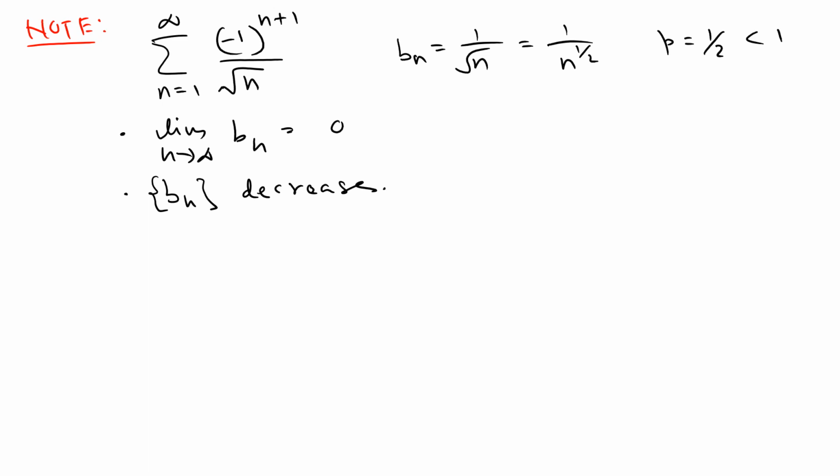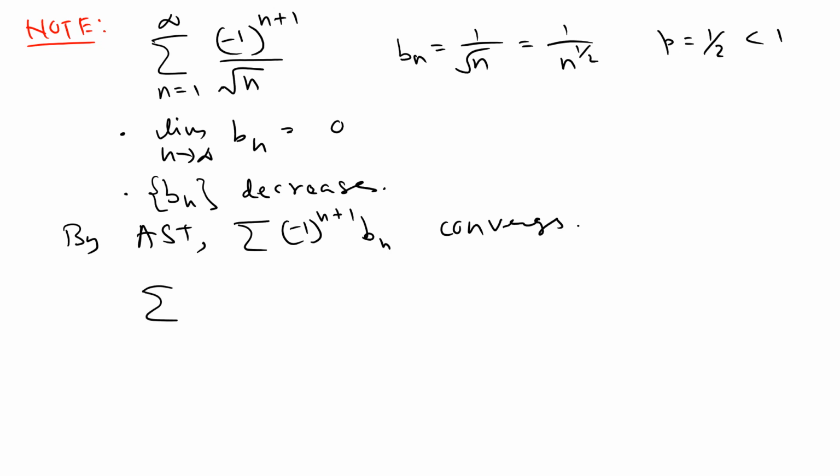So that means by the alternating series test, the original series sum of (-1)^(n+1) b_n converges. But what you notice is that if you look at the absolute series, (-1)^(n+1) over b_n, in this case what we get is 1 over n^(1/2).